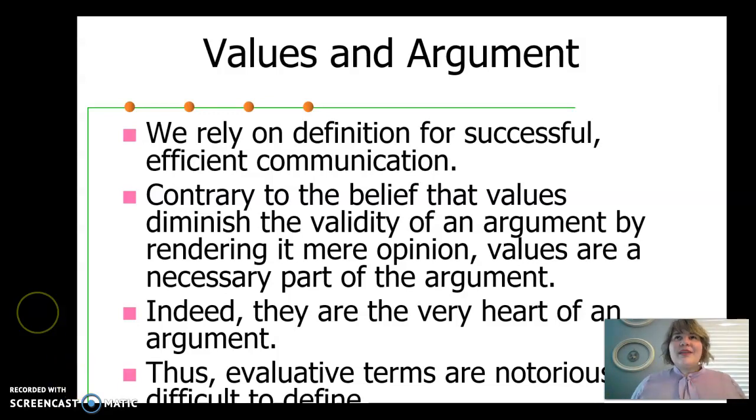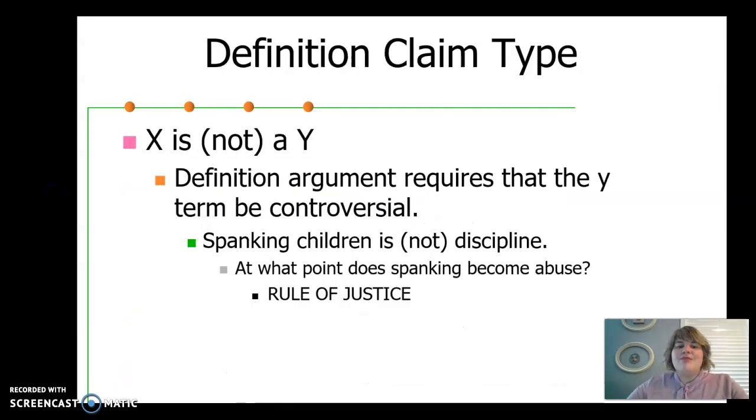So definition is difficult, and a lot of words that we seek to define are difficult to define, and lots of issues make definition difficult to do. So keep all of that in mind as we start working through some of these specifics about definition argument.